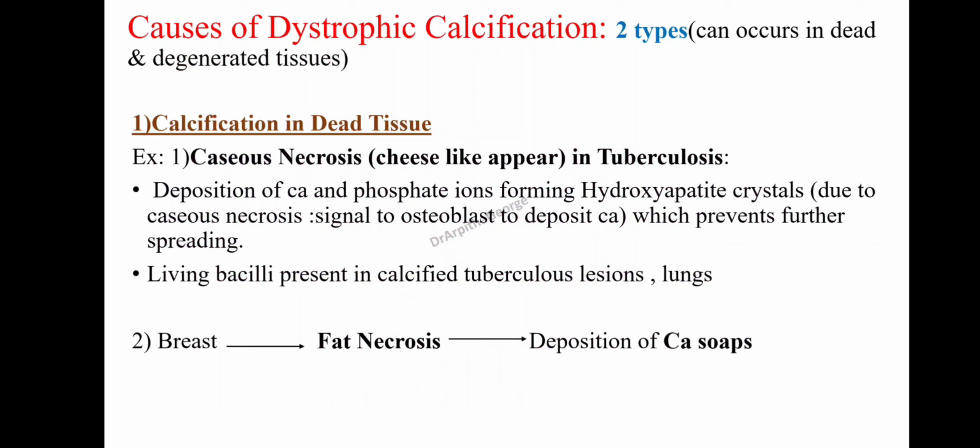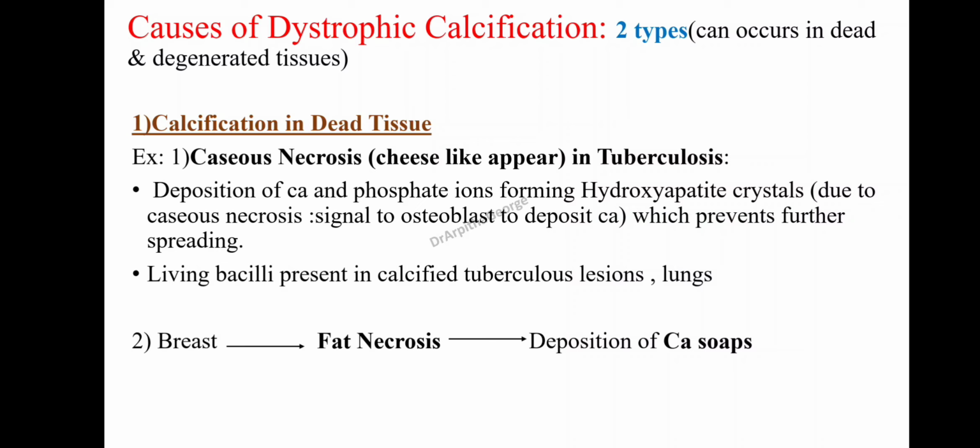The calcium will combine with the phosphate ions in that dead tissue and form calcium crystals, hydroxyapatite crystals. So in tuberculosis, which calcification can you see? Dystrophic calcification after the caseous necrosis. Tuberculosis means caseous necrosis is obviously going to happen.